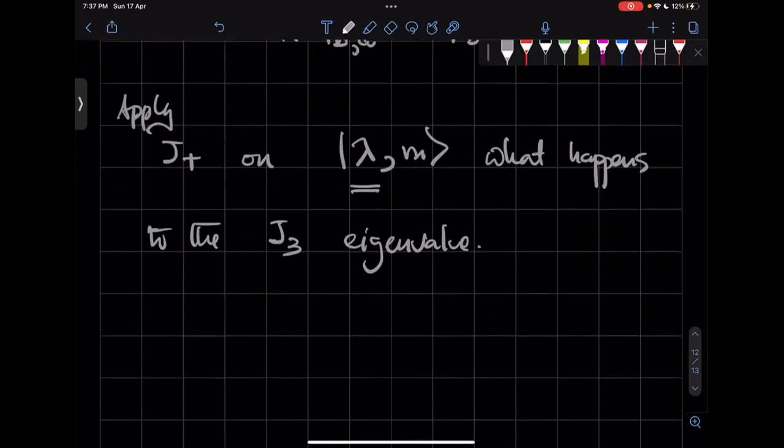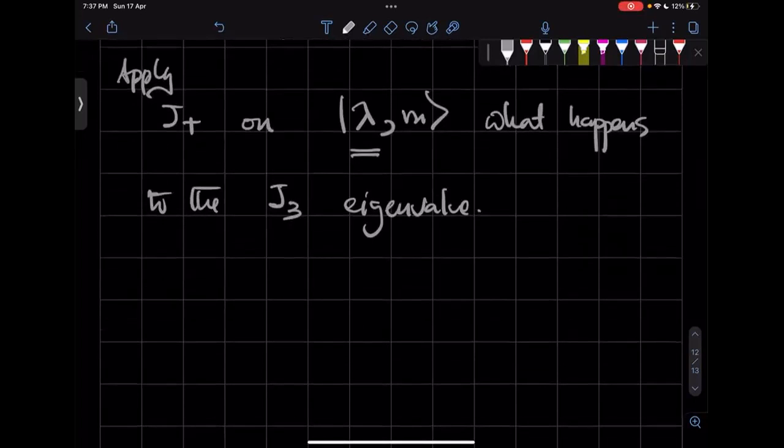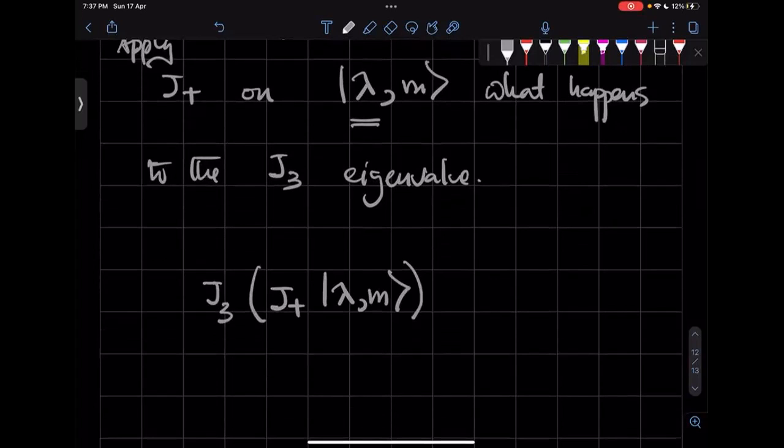So let's first apply J plus on this state, and then apply J3 to figure out what the eigenvalue of the resulting state is.